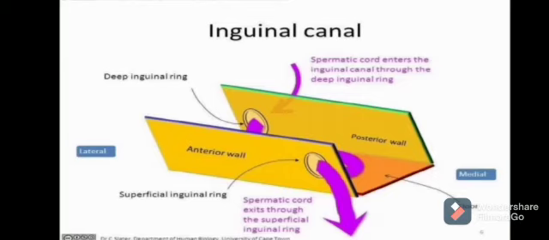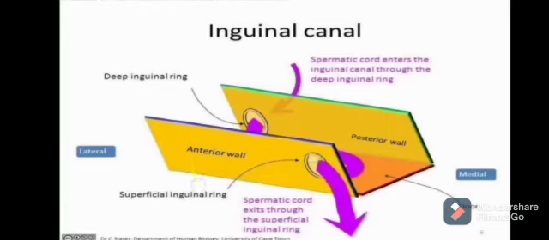To understand it, we have this figure here. It is a canal, so it must have an anterior wall, a floor, a posterior wall, and a roof. Discussing these, the anterior wall, if you look from the anterior aspect, outermost we have skin, then superficial fascia, and then the external oblique aponeurosis, in which we have this opening for the exit.